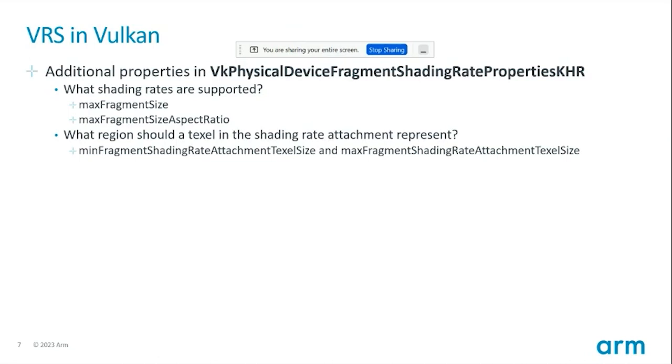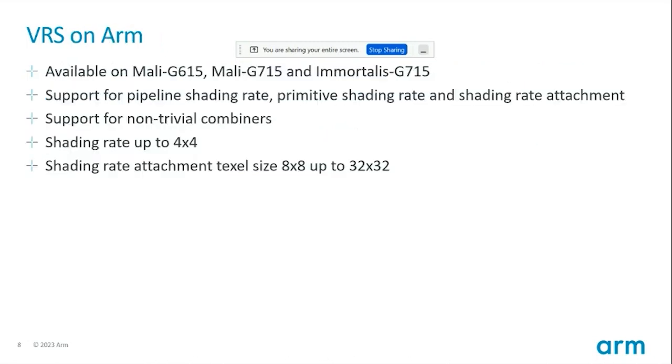That means you can have a shading rate of 1x2, but not 1x4. And the final property I want to highlight, although there are many others in this struct, is how large each tile is when we're using an attachment. That's up to the user to say, but you need to make sure that you are within the supported limits.